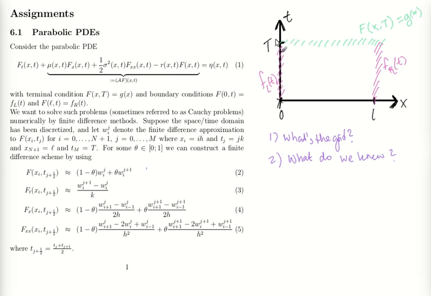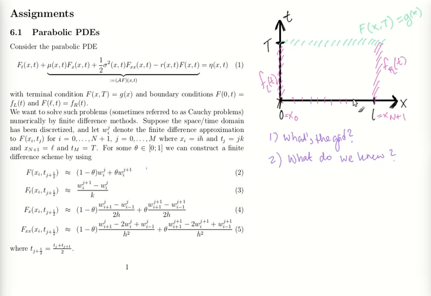Okay, and suppose we discretize our space-time domain into a grid that has n+1 intervals along the x-axis, which means 0 equals x0 and L equals x_{n+1}.